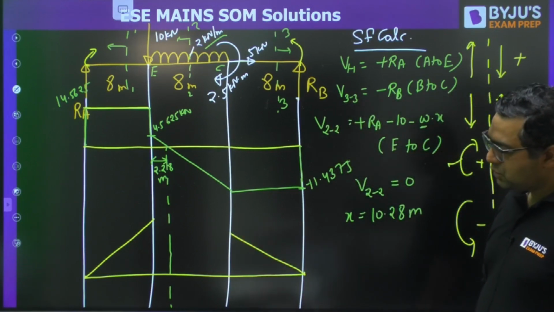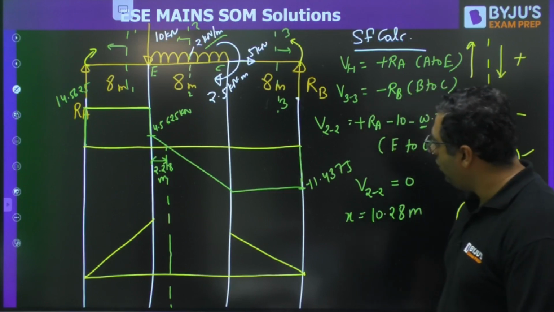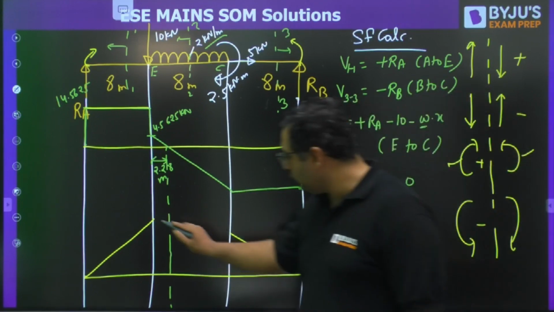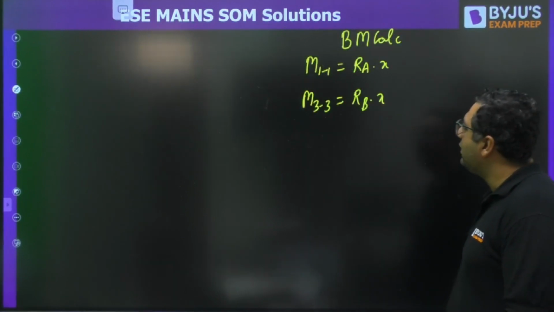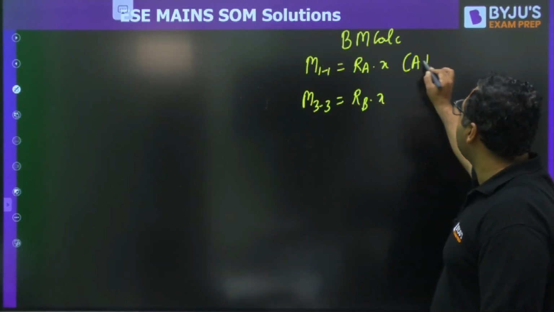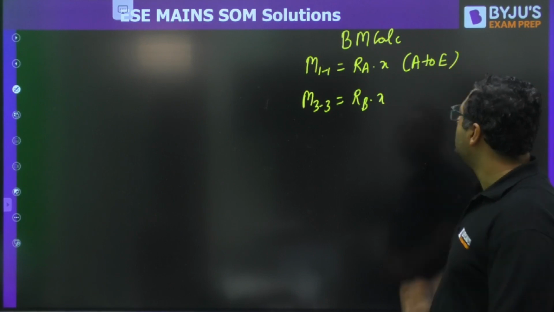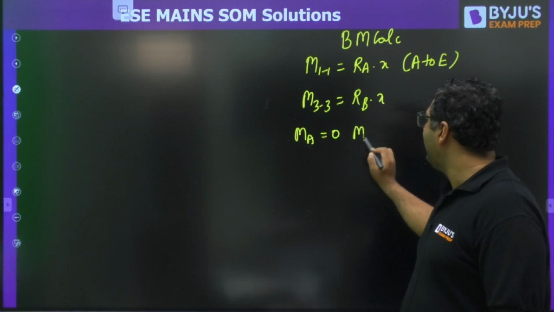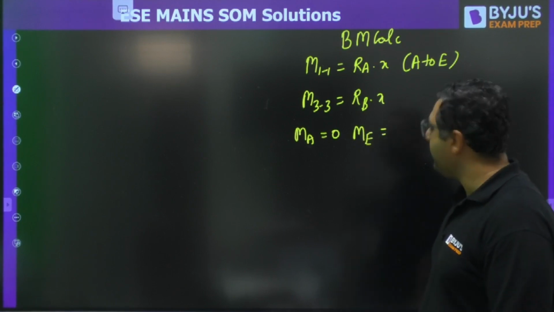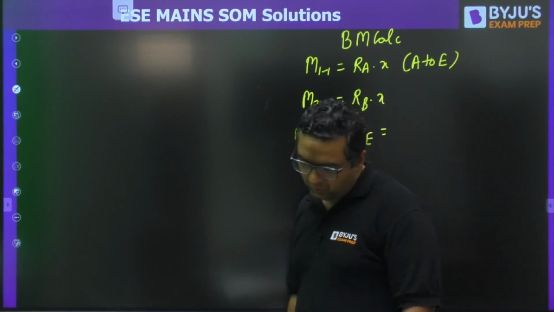Okay. So, my dear, now this value will come out to be RA into 8. This is valid from A to E. So you can find that the bending moment at A will be 0. Bending moment at E will be RA into 8.